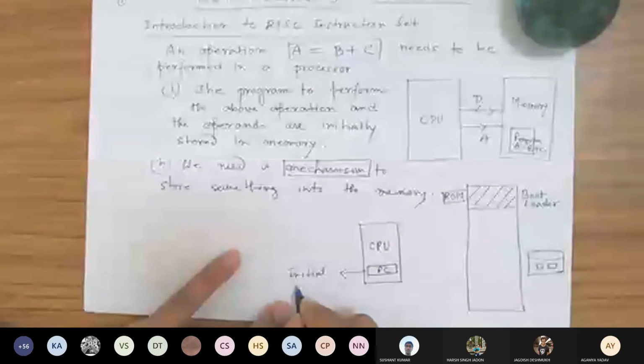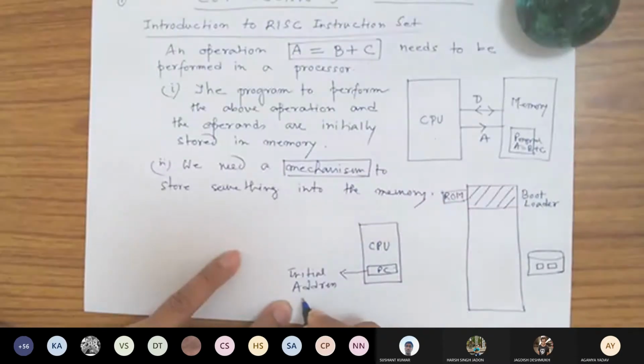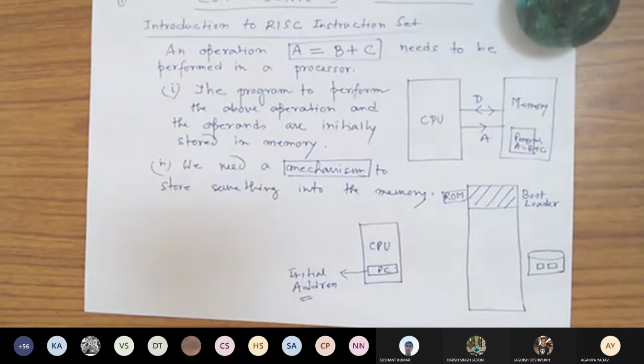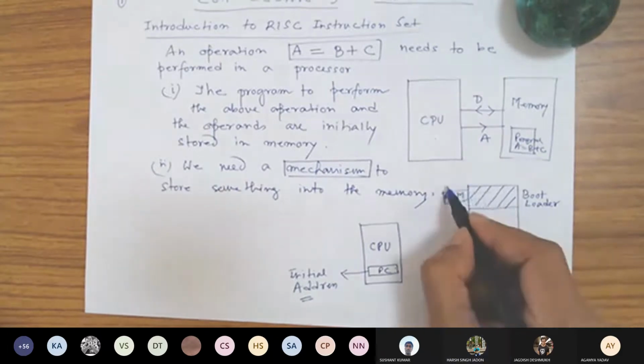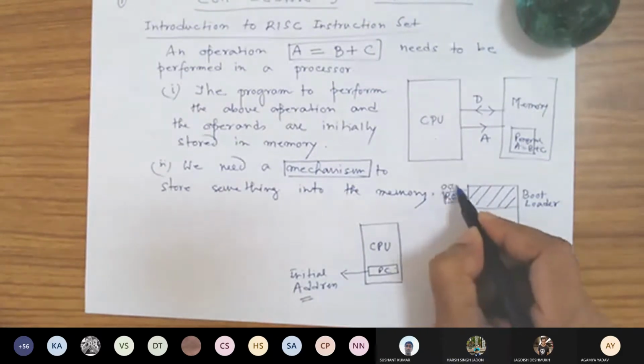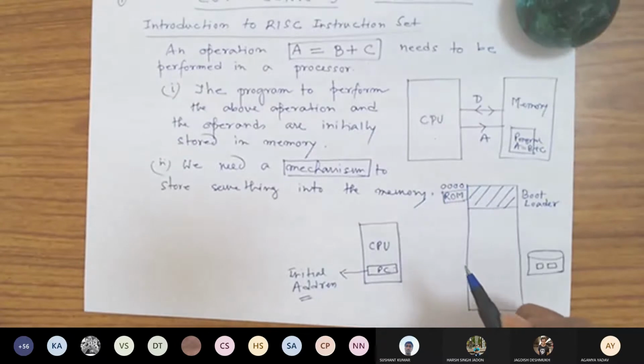Initial address equals to, can someone tell me what will be the initial address? Yes, you can say 0000, or actually the starting address of the bootloader.